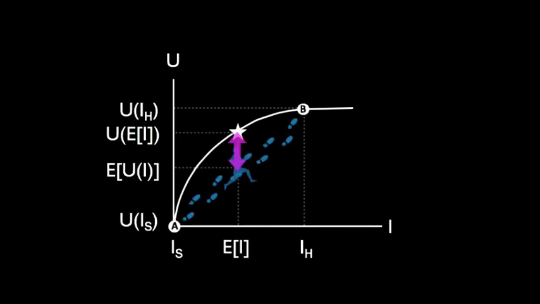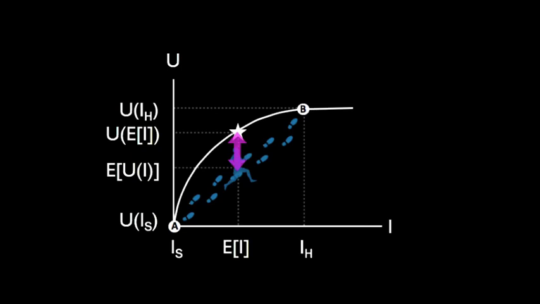Okay, now we're really going to do a mental backflip. What I want you to think about now is, what is the difference between a person's expected utility and the utility they would get from an expected income, conceptually? Or in other words, conceptually, what is the vertical distance between the position of the star and the position of the man along the path?